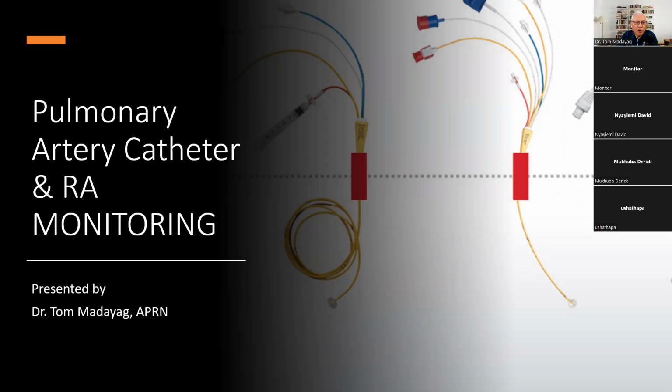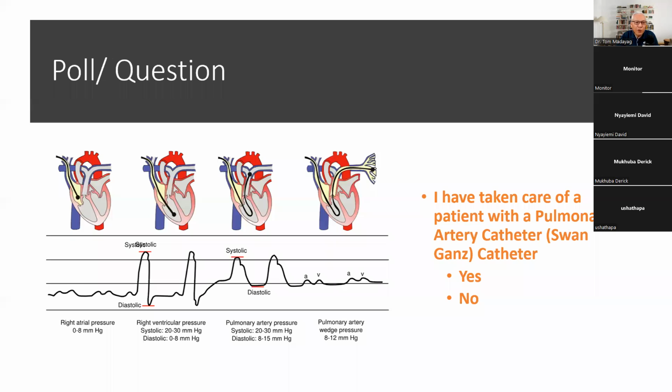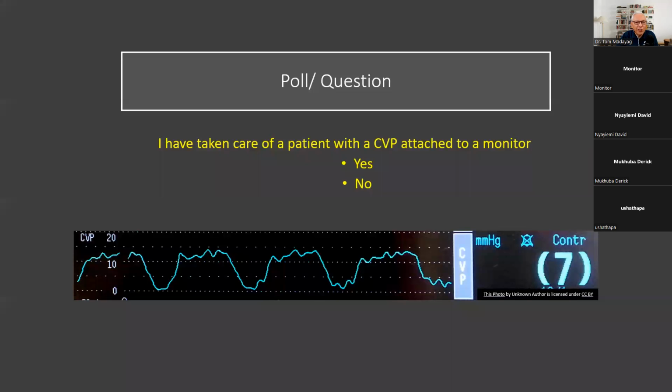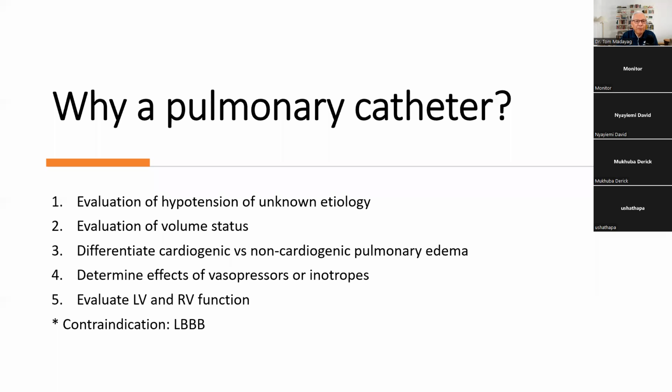It gives me an understanding of where you are as far as these particular technologies are concerned. So when we talk about Swan Ganz catheters or pulmonary artery catheters, what comes to mind is, why is it that we have to use a pulmonary artery catheter? In the past, we always just relied on a right atrial catheter, which measures central venous pressure.